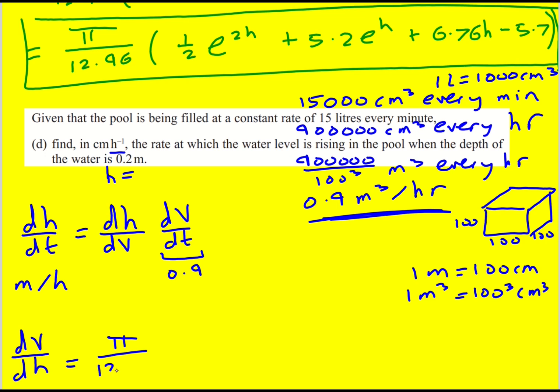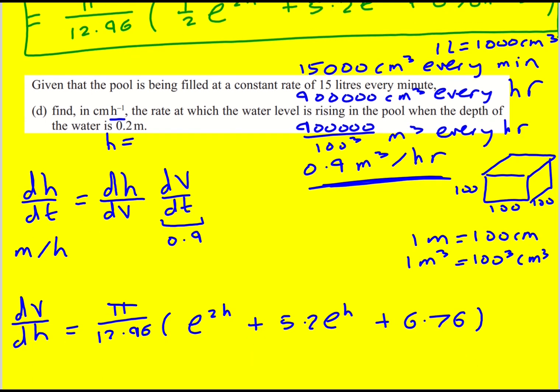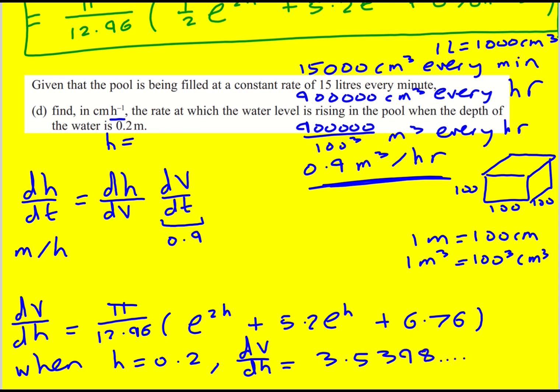Going to get pi over 12.96 e to the 2h plus 5.2 e to the h plus 6.76. Then when h equals 0.2, that's in meters, dV by dH ends up being, put this in your calculator, 3.5398.